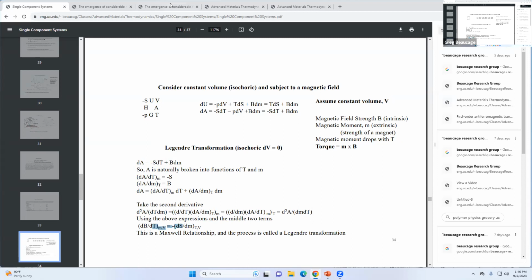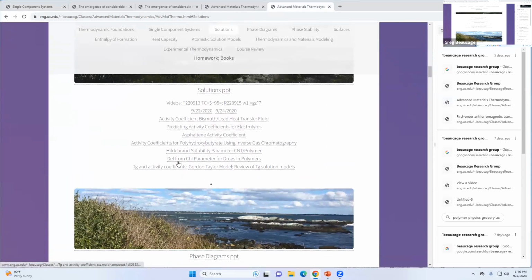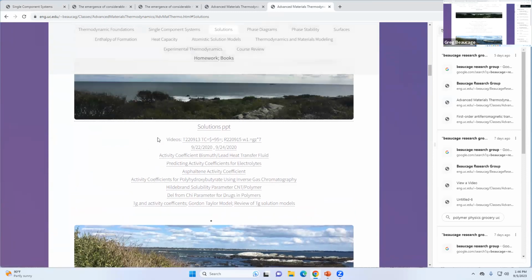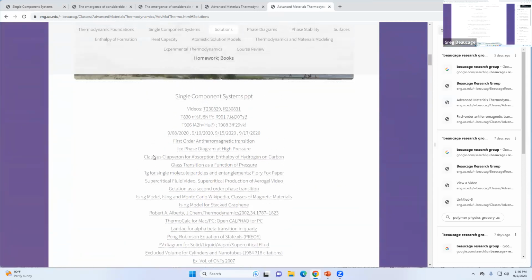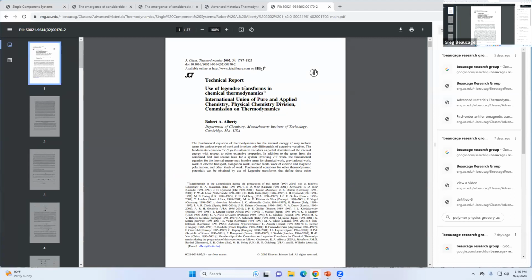So there's a paper on that subject somewhere in the web page. There's a guy from MIT that wrote a whole book-like paper on this subject. It's somewhere under this thing, Alberty, General Chemical Thermodynamics, use of Legendre transforms to do basically everything.